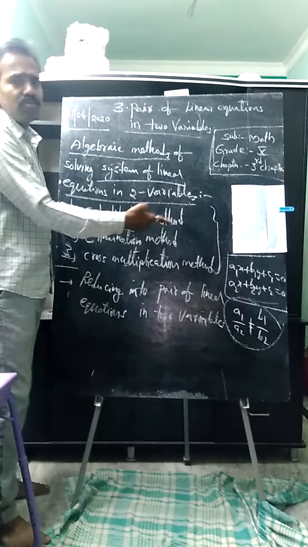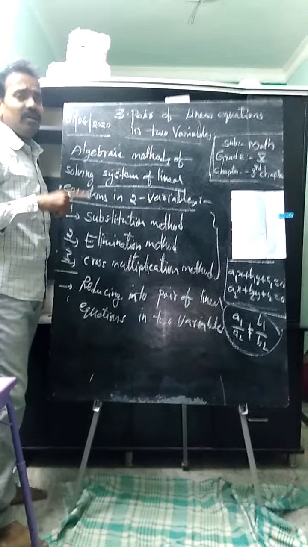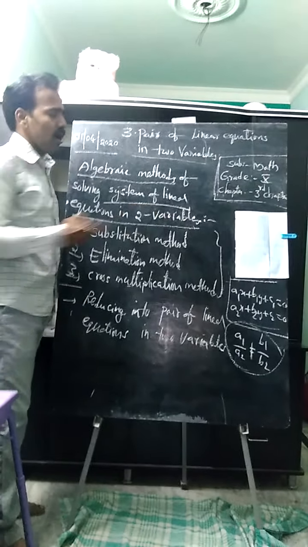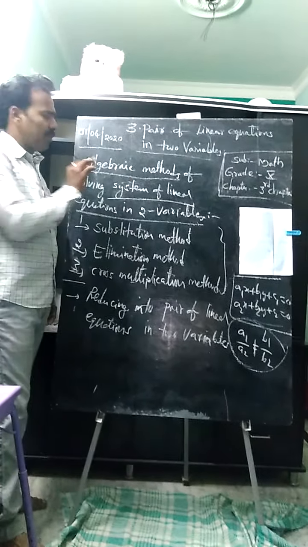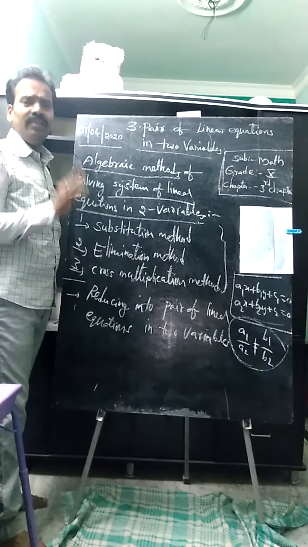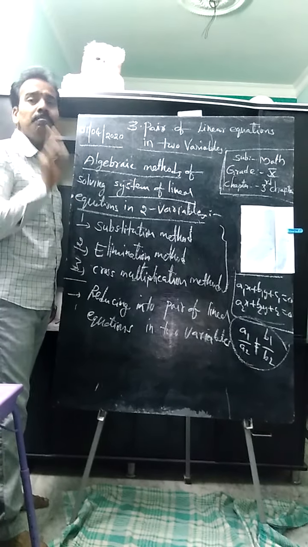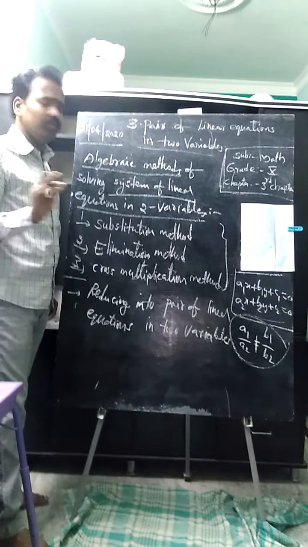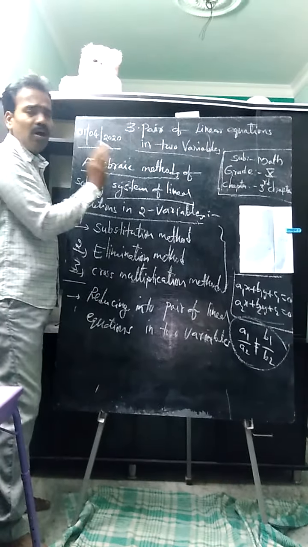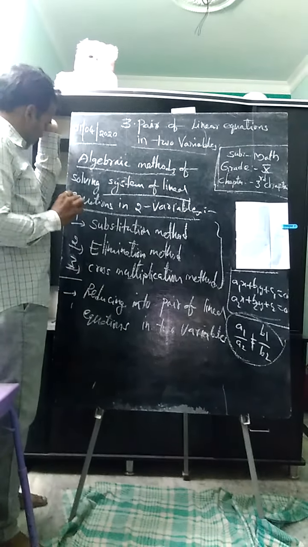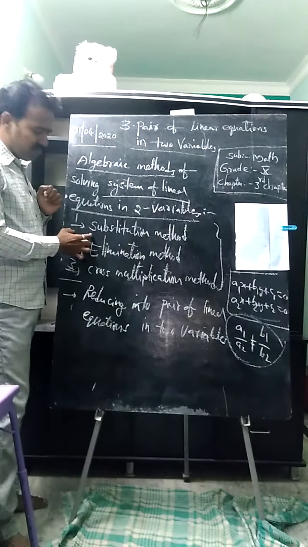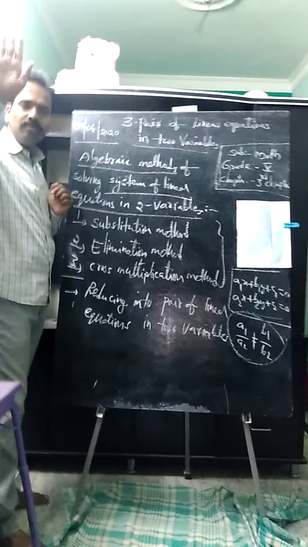If the pair contains infinitely many solutions or no solution, there is no need to apply any algebraic method. Simply we will write that there is no solution or infinitely many solutions, so no algebraic method is applicable. Enough. Okay, this is the process we will follow. So first we will deal with the substitution method.